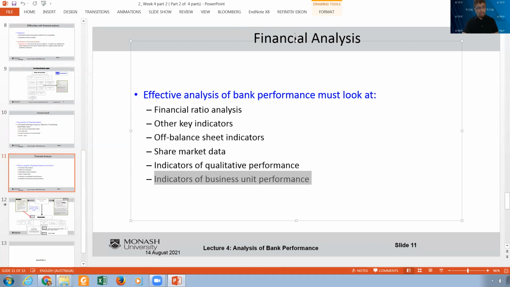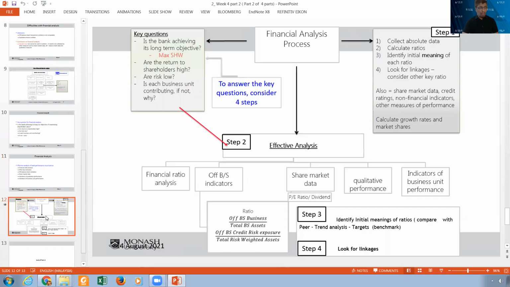So we have to look at how each business is contributing, how the qualitative side is, and how the share market data and balance sheet are, in addition to our financial ratios. This is a very interesting thing to see. So these are the questions, because we need to maximize the shareholders' wealth, and we have to ask those questions. So we start with this process.